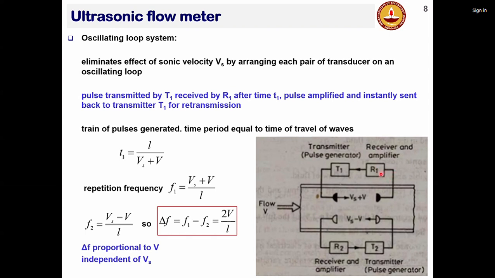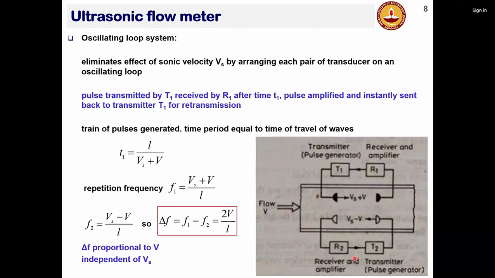And similarly, after every 5 seconds in a closed loop, you are transmitting signal here. So the frequency of transmission or receiving signal is 1/5 hertz. Similarly, the repetition frequency will be Vs plus V divided by L.